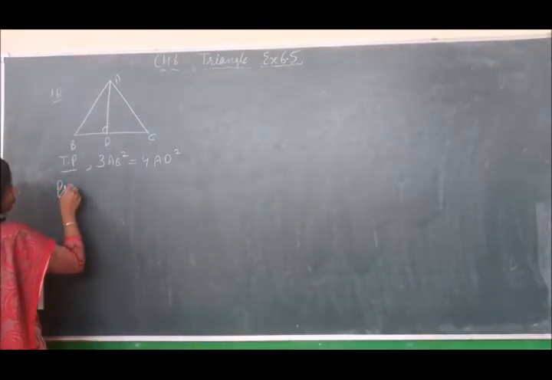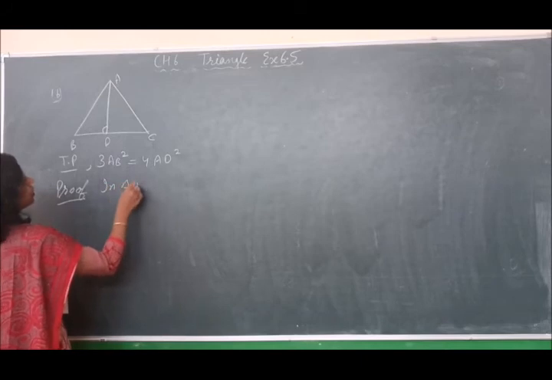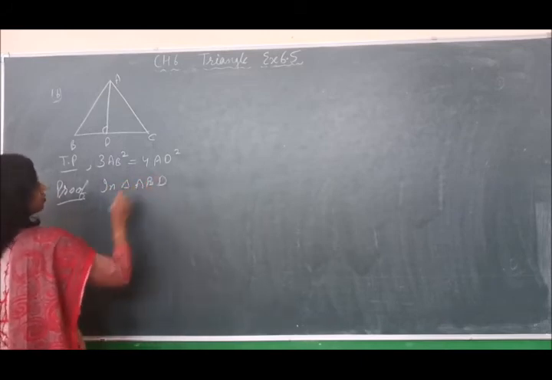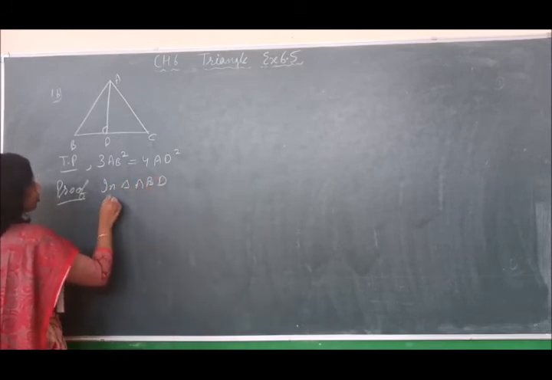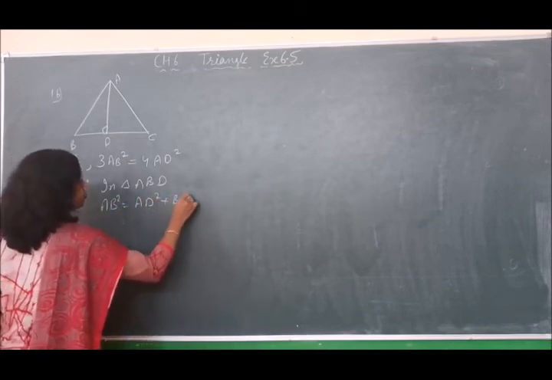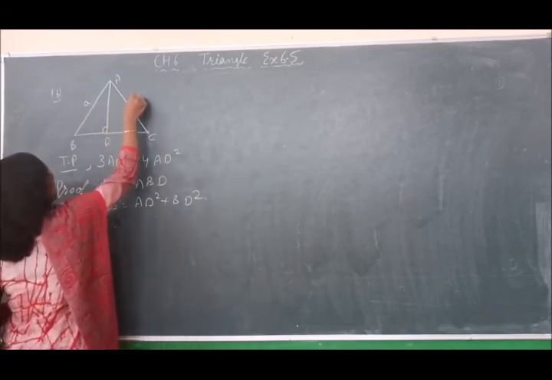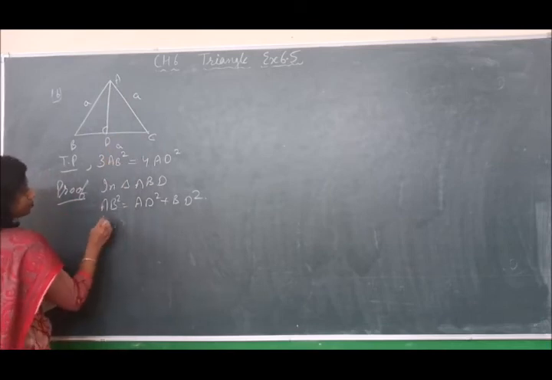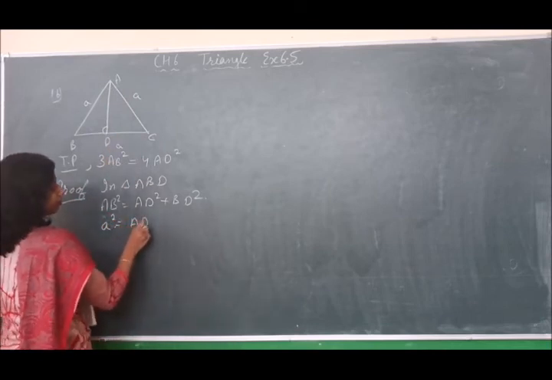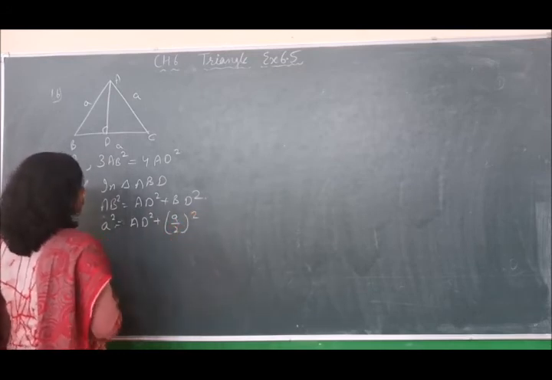So consider the triangle ABD. Apply Pythagoras theorem here. AB square is equals to AD square plus BD square. Let all sides be a. A square, AD you have to find, so BD will be a by 2 square because AD is median.